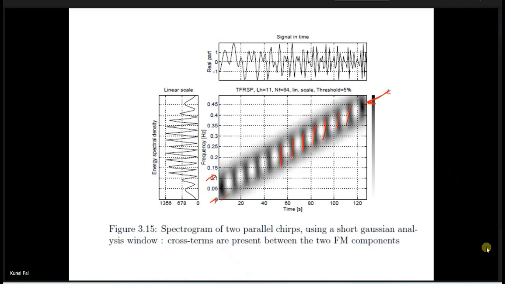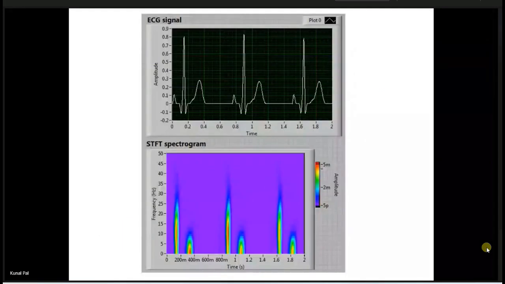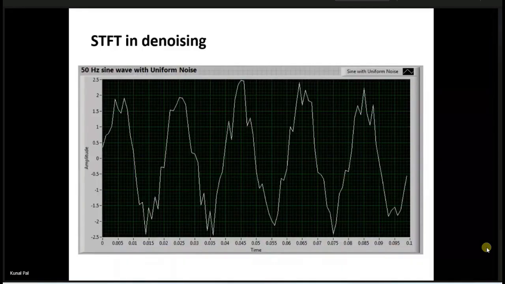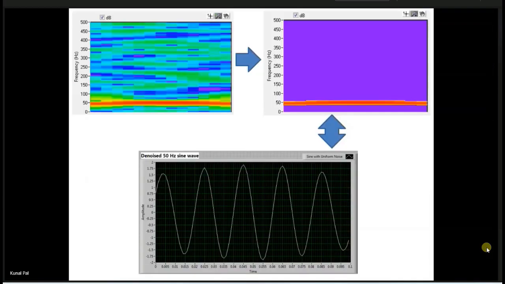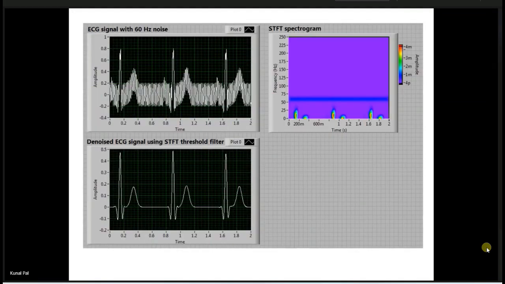Then we have seen how the STFT spectrogram can be applied to biomedical signals and used in denoising, and how spectrogram STFT-based denoising works by thresholding. Here we also saw how an ECG signal with 60 Hz noise can be denoised by the STFT spectrogram analysis method.